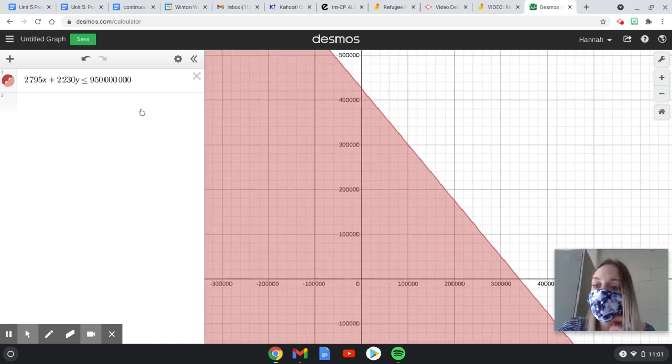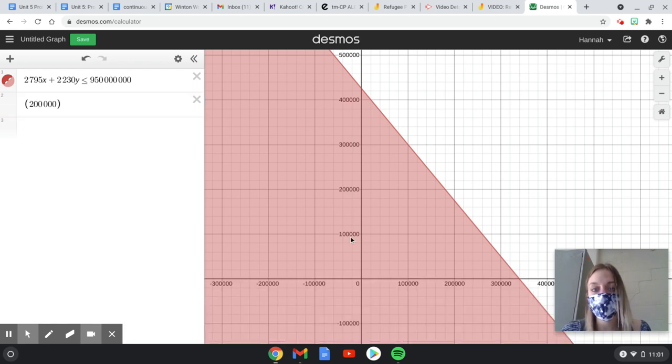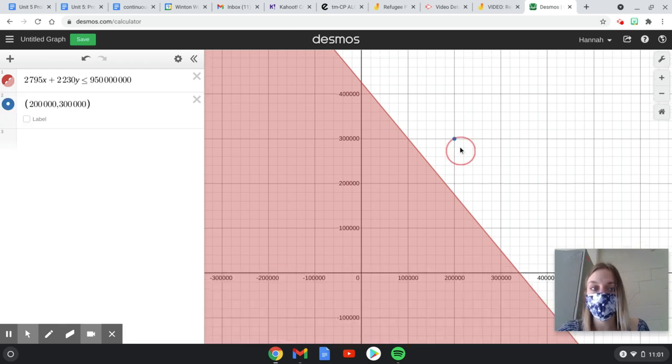I am going to plot a point to see if it is within my triangle. So I'm going to pick one of my x values down here, let's say 200,000. And I'm going to pick one of my y values up here, let's say 300,000. And I see that this blue point is not within my triangle.